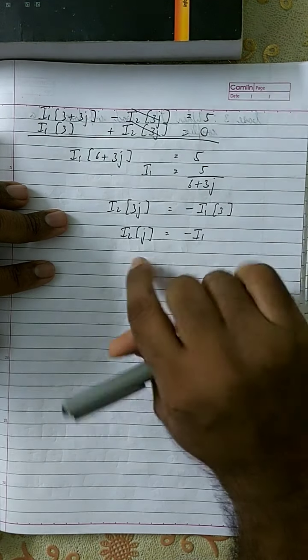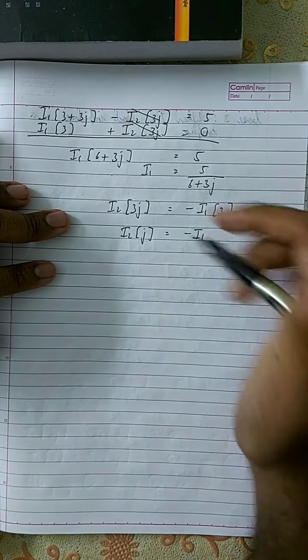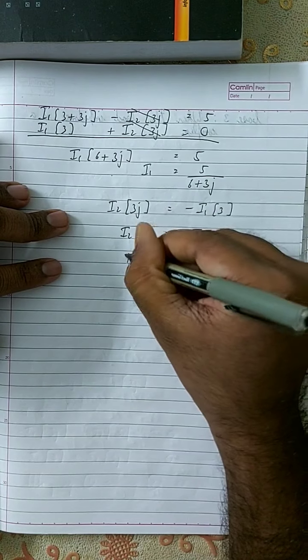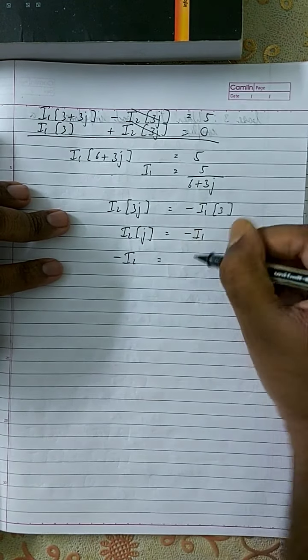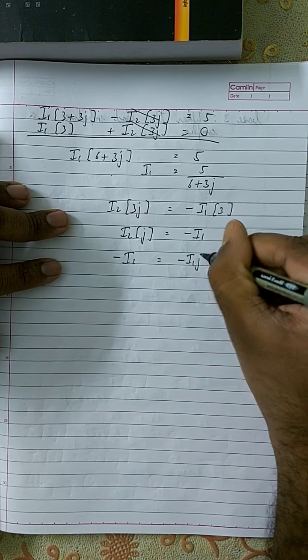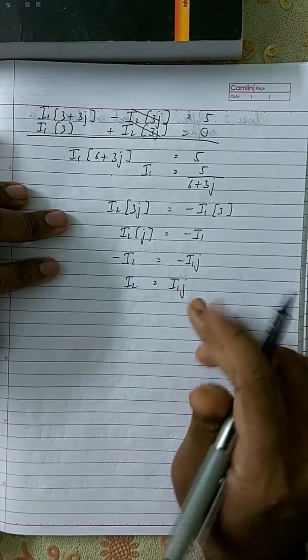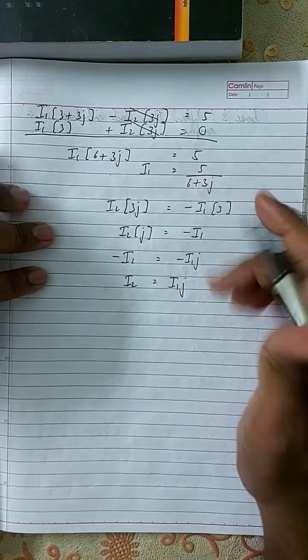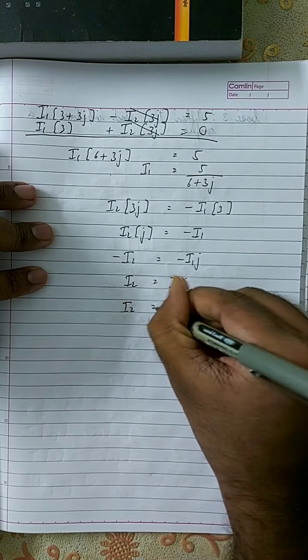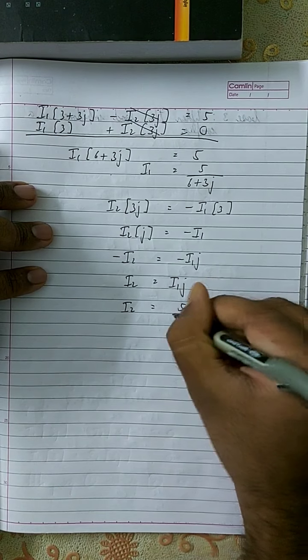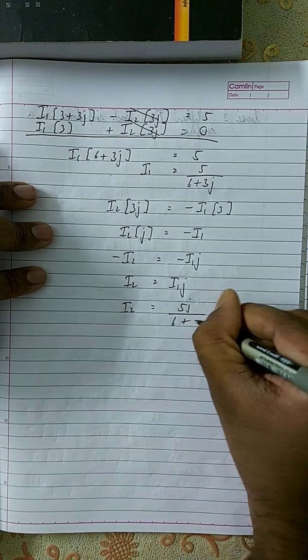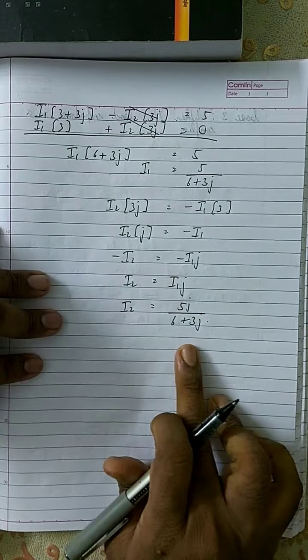If I multiply both sides by j, this becomes minus I2 is equal to minus I1j, or I2 is equal to I1j. And I1 is this one. Therefore I2 is equal to 5j by 6 plus 3j. This is the equation for I2.